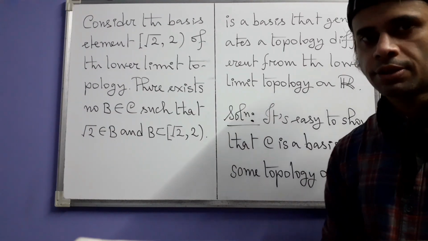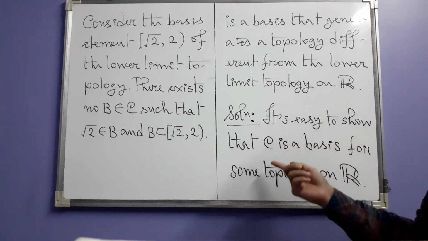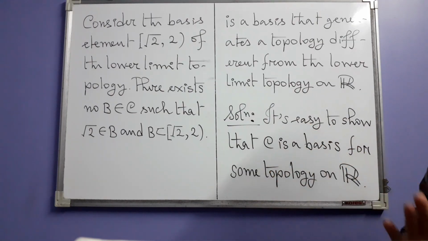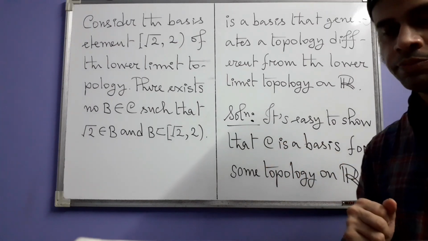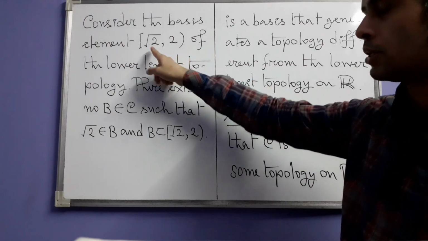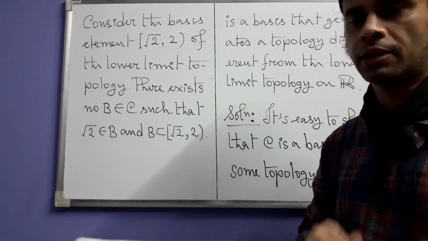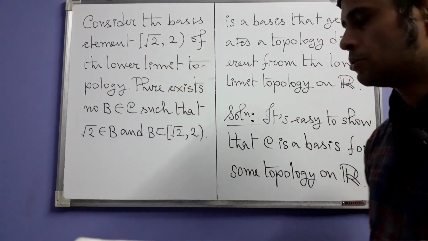That's what we have to show in part B. So we start the solution to part B with this remark. It's easy to show that the collection C is the basis for some topology on R. That means this part is left to you. And next we consider this basis element of the lower limit topology on R. This closed open interval square root of 2, 2.